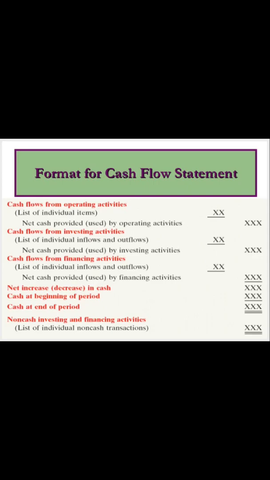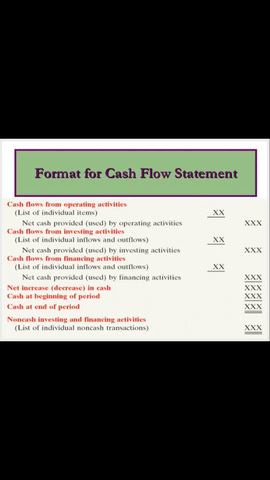So as you can see in the format, first we have to write the cash flow from operating activities. Here you have to list all the individual items, and here also you have to make the adjustments regarding non-cash expenses and the non-operating activities, and various adjustments regarding current assets and current liabilities has to be made under this. And here only you have to use the indirect method for calculating the cash flow from operating activities.